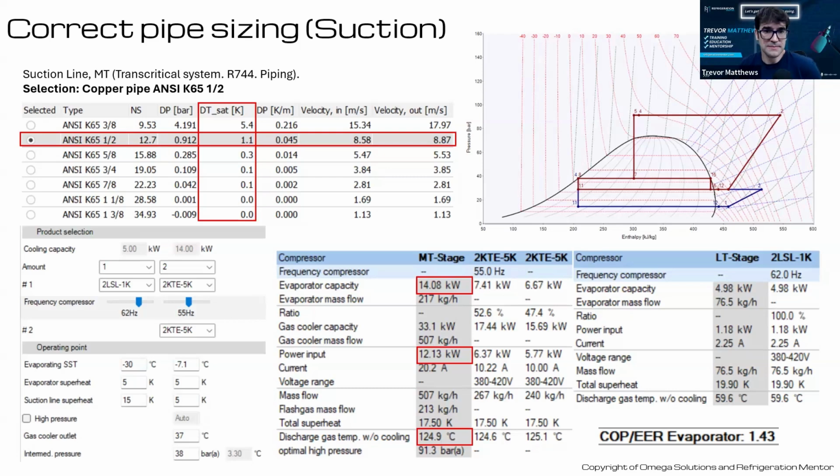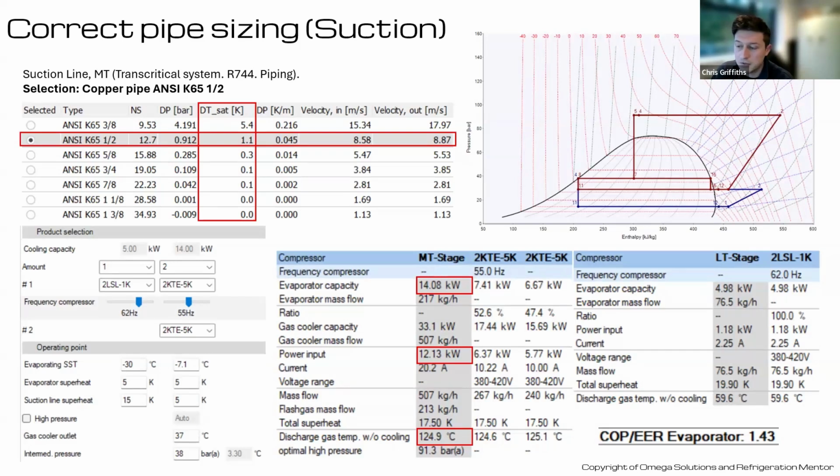Yeah, pretty close. So moving on from there, we have our product selection for our Bitzer compressors. We've got a single low temperature compressor and 2 LSL 1K and 2 medium temp 2 KTE-5Ks. Just put some design parameters in. Low temps evaporating at -30 Celsius, which is -22 Fahrenheit. We've got a small amount of useful evaporator superheat and then 15 Kelvin of non-useful superheat, which is what it picks up in our suction line.